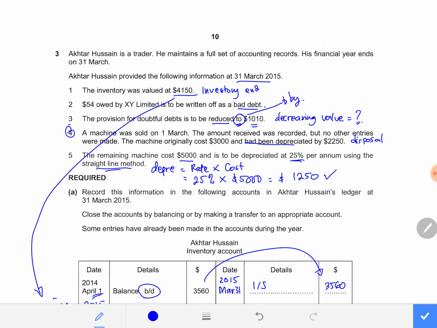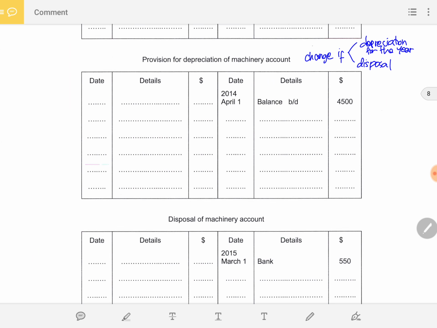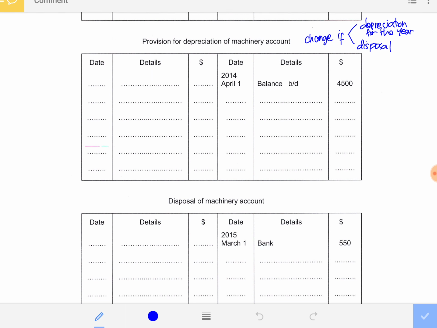Had been depreciated has the same meaning as total depreciation or provision for depreciation. So you have provision of the disposed asset and you have depreciation for the year. After you have the two, we continue to fill out this depreciation account.